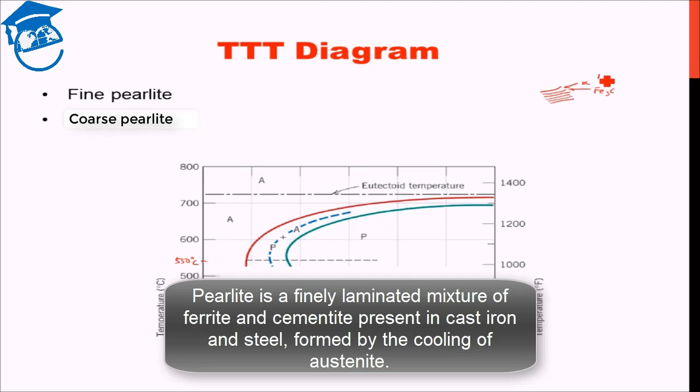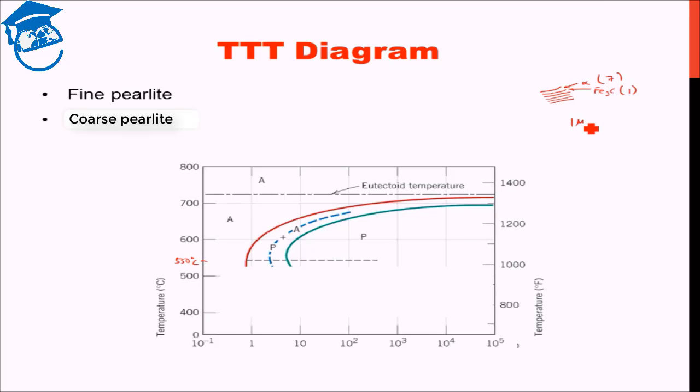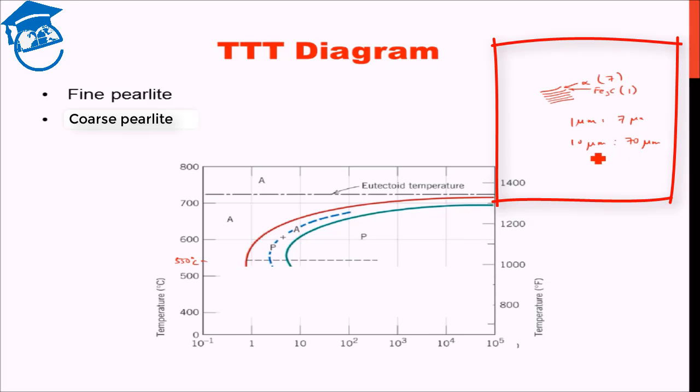And we know that the ferrite to cementite width ratio is 7:1. But the cementite can be 1 micron and ferrite can be 7 microns, or the cementite can be 10 microns and the ferrite can be 70 microns. The ratio needs to be maintained, but we do not know how thick each of them is. So it can be really fine, it can be quite coarse in structure.